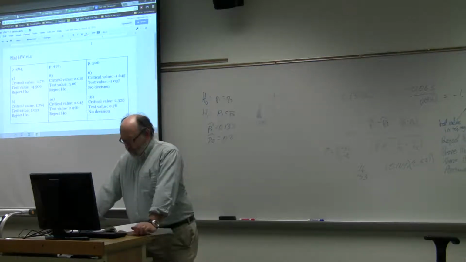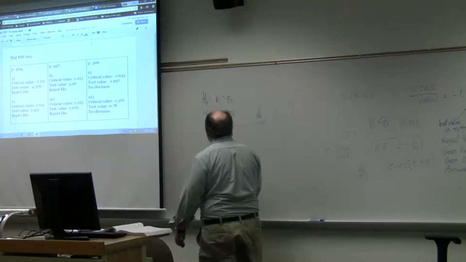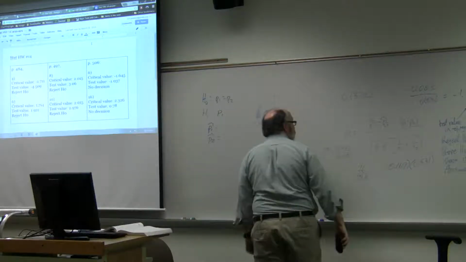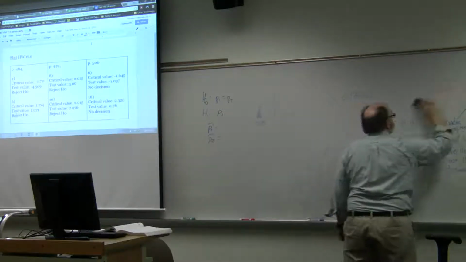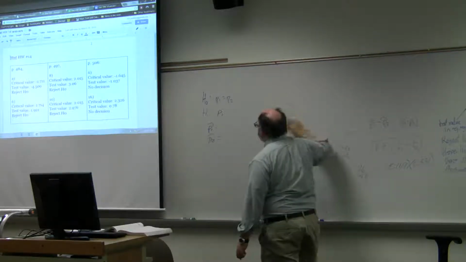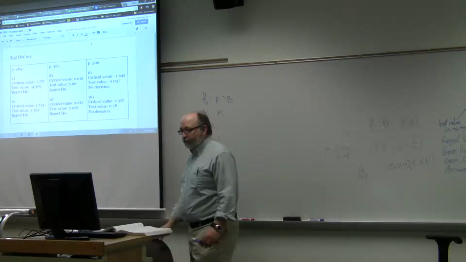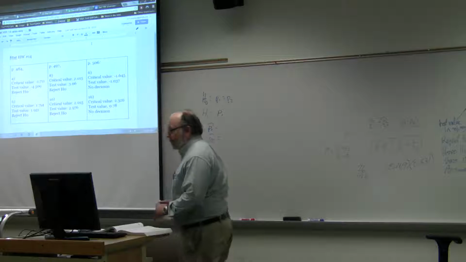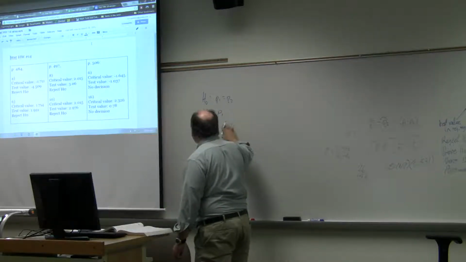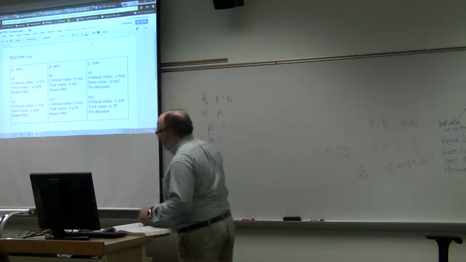Okay, on-time arrivals. We need P1 hat and P2 hat. So what's P1 hat, Alex? 213 divided by 300. Which would be what? 0.71. Okay, what's P2 hat? 0.74.